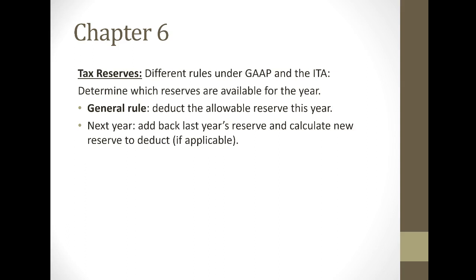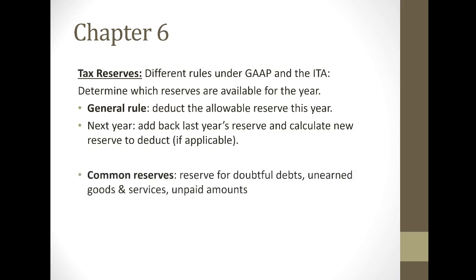In the following year, they have to add back last year's reserve and calculate a new reserve to determine if one is deductible. Some common reserves: reserve for doubtful debts. The tax reserve for doubtful debts is quite often equivalent to a company's bad debts expense that is calculated under GAAP. There's also another reserve for unearned goods and services. Once again, this is very similar to the treatment for unearned revenue under GAAP.